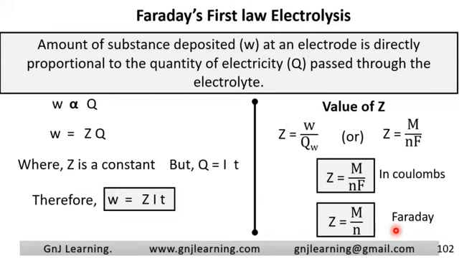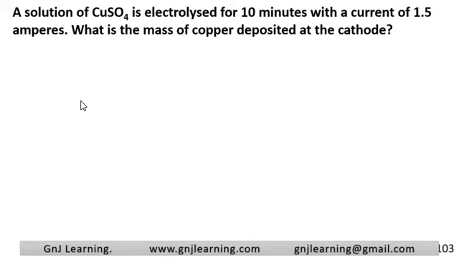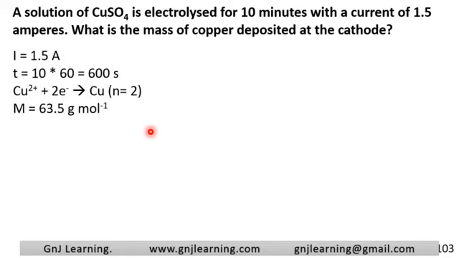using these equations. A solution of copper sulfate is electrolyzed for 10 minutes with a current of 1.5 amperes. So we have time here in minutes, which we have to convert into seconds, and we have current here, which is 1.5 ampere. That means Q is supplied, and CuSO4 is the electrolyte. So let's see what are the variables that are supplied.